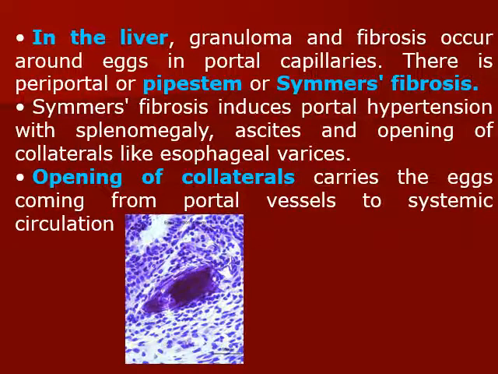This is an egg of Schistosoma mansoni with lateral spine and with mononuclear cells around it. These are mononuclear cells around the egg, which is the inflammatory reaction around the egg, inducing fibrosis later.